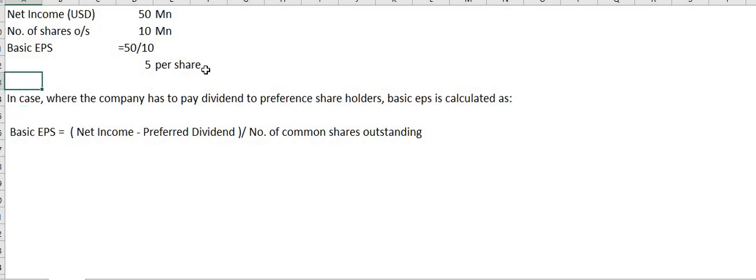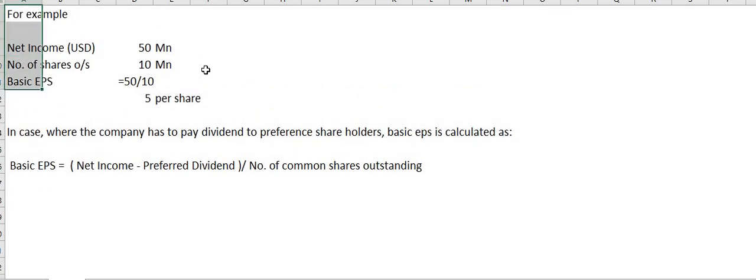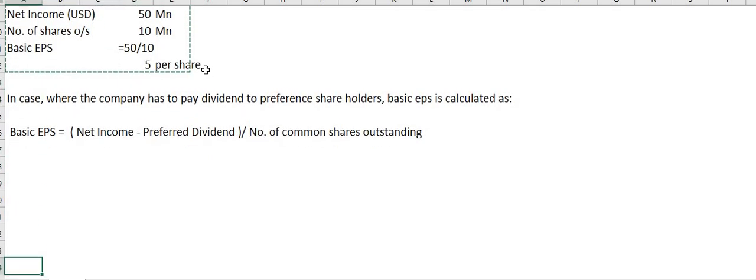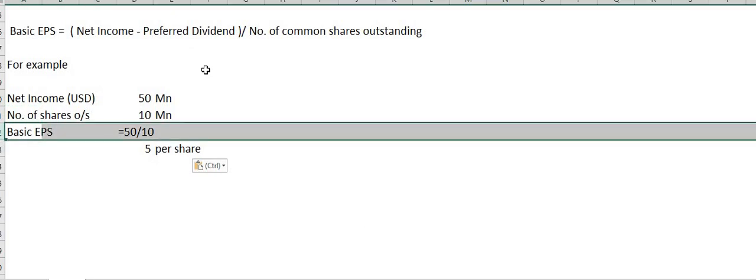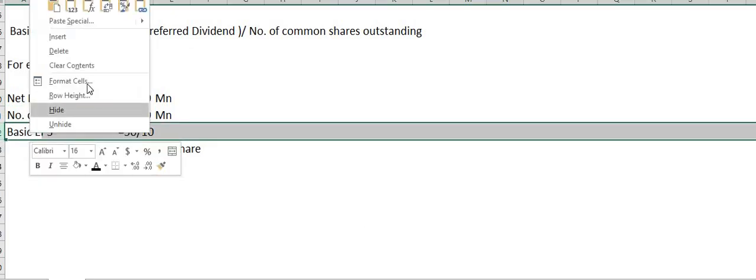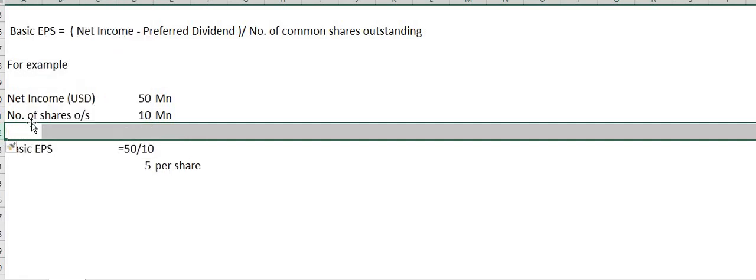For example, let's say we have the same company, but it also has to pay preferred dividend amounting to, let's say, 5 million.